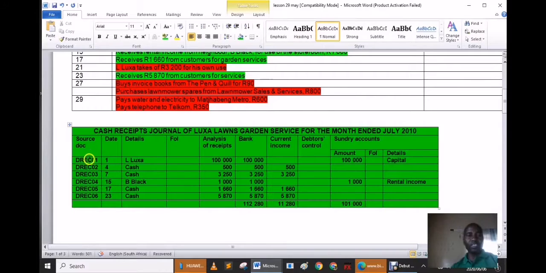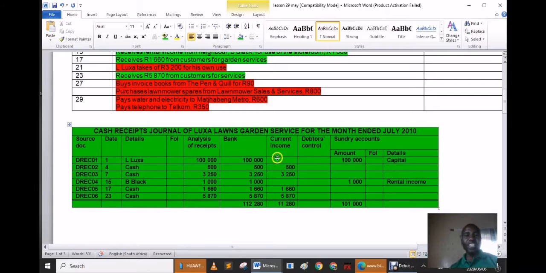Our first source document was a duplicate receipt number 1, and in this analysis of receipts column, we are going to be recording any amount that we receive. So we received 100,000, and we are going to record it in the bank.